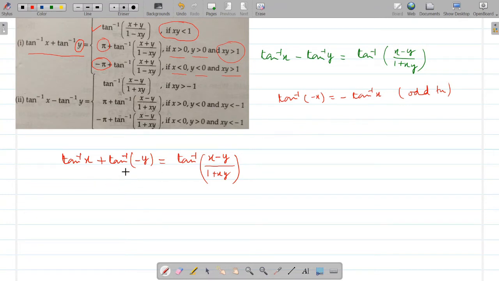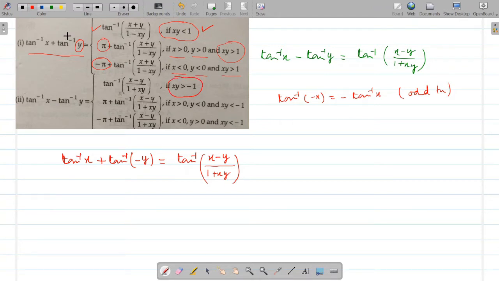Here I have substituted the value of y as minus of y there. Now you see here the x into y is less than 1. So when I'm changing the sign of y, automatically the x into y's value will be greater than minus 1.